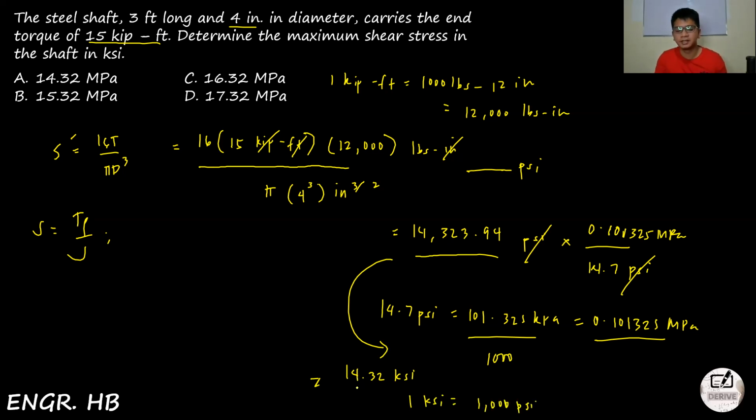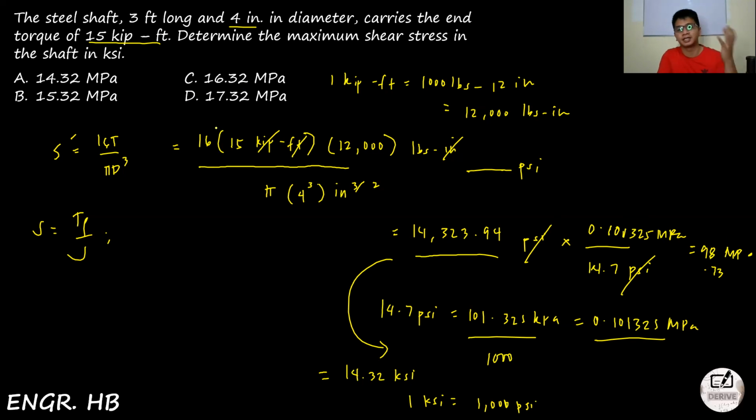And as you can see, the only figure in the choices is 14.32. So we have a figure of 14.32 in the problem, but it is not in KSI. And compared to megapascal, you have no answer there of 98.73. This means the answer in the choices should be in KSI.